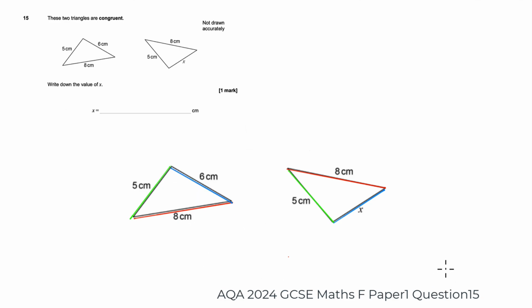So we pick up the triangle on the right. It would actually have to be turned over and then turned round a bit, and it would fit exactly on top of this triangle. So the side that we're trying to find the length of would fit exactly along that 6 centimetre side. So X equals 6 centimetres.